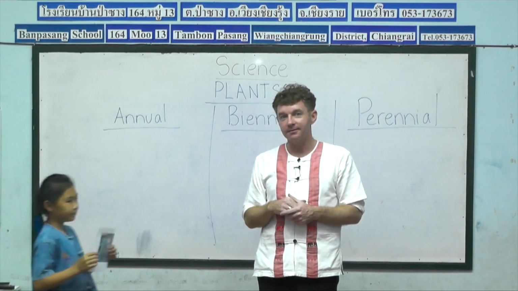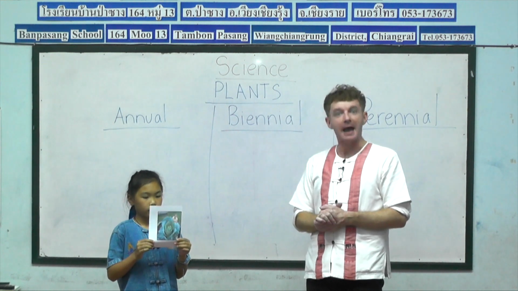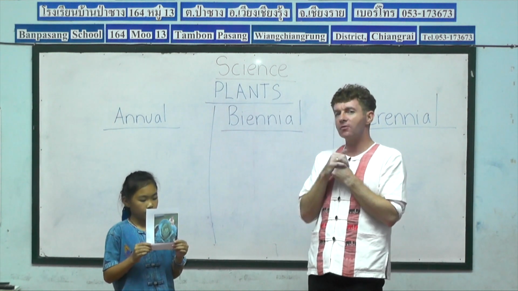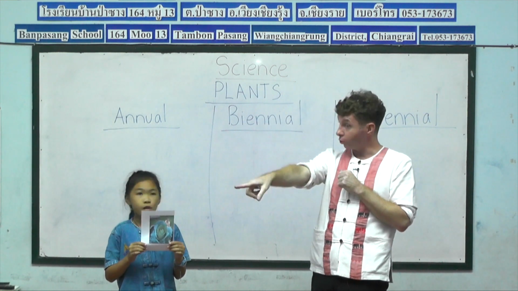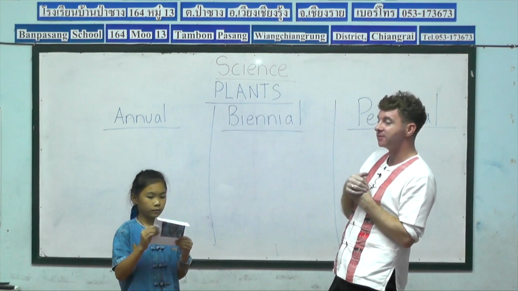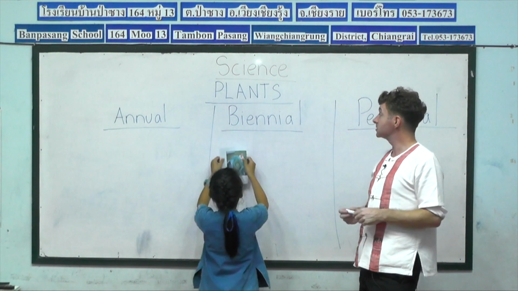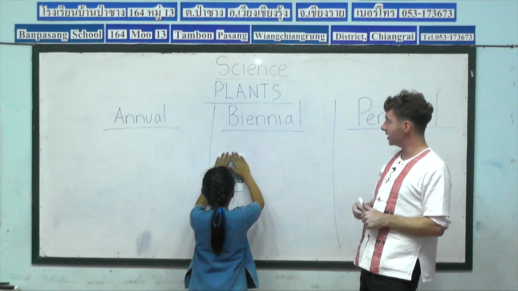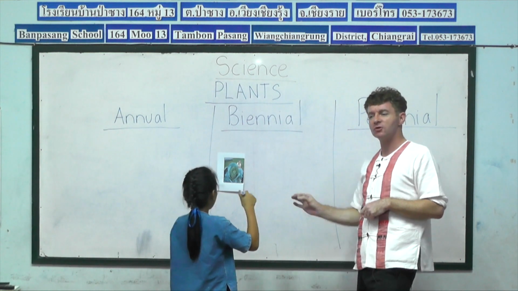And let's see. What do we think this is? Can anybody remember what type of plant? Cabbage. Now, how long did the cabbage live for? 2 years. Excellent. So what type of plant is a cabbage plant? Biennial. Well done. So Nadia, you can place the picture here. And now, let's help Nadia with the spelling of cabbage.